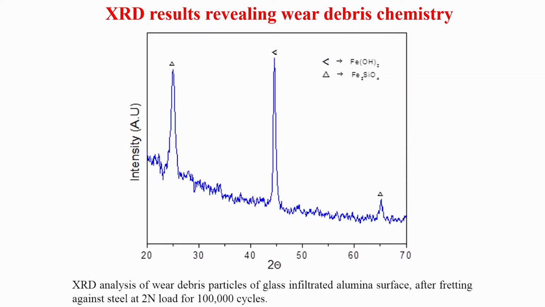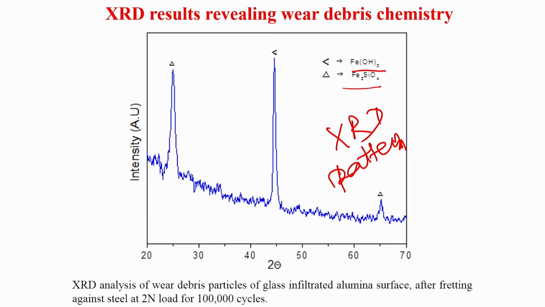Now, therefore, it is important to know what this tribochemical layer or wear debris chemistry is. We have conducted X-ray diffraction. So these are the XRD patterns, where intensity is plotted against 2 theta. What you notice here is that there are phases which are formed: Fe2SiO4 and Fe(OH)2.